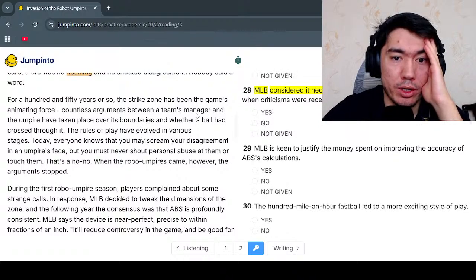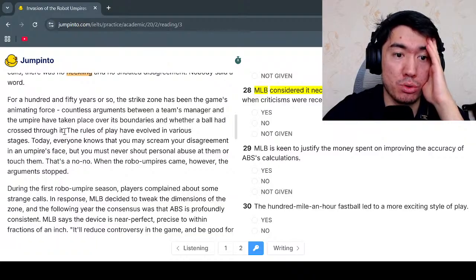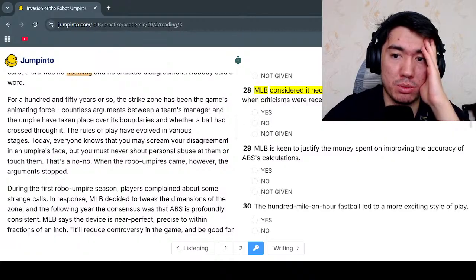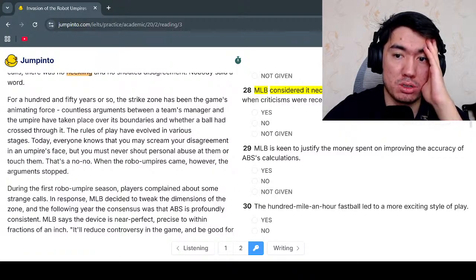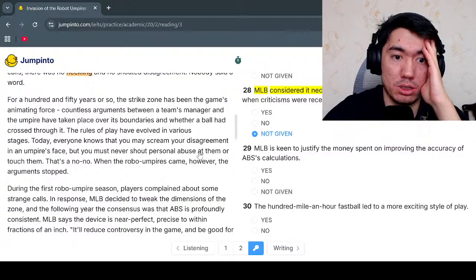Were received from players. Okay, animating forwards, arguments between a team's manager and the umpire have taken place over its boundaries and whether a ball had crossed through it. The rules of play evolve in various stages. Everyone knows that you may scream your disagreement, but there's nothing about the size of a strike zone, and there's nothing about players. The answer is going to be not given. Oh my god.